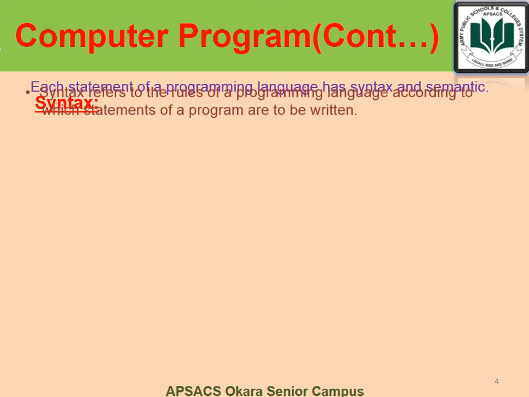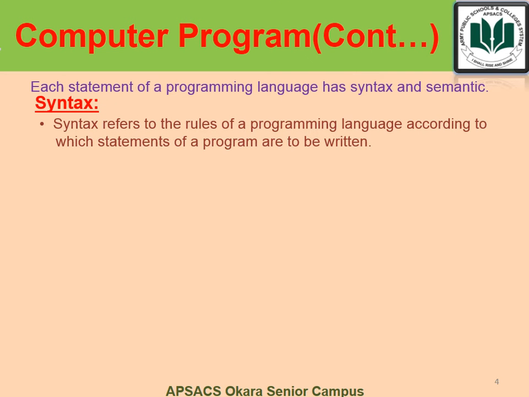So there is a specific syntax for each programming language, same as for the English language. Like when we write a sentence in English, we follow the syntax which is subject, verb, and object. The same goes for the computer language.